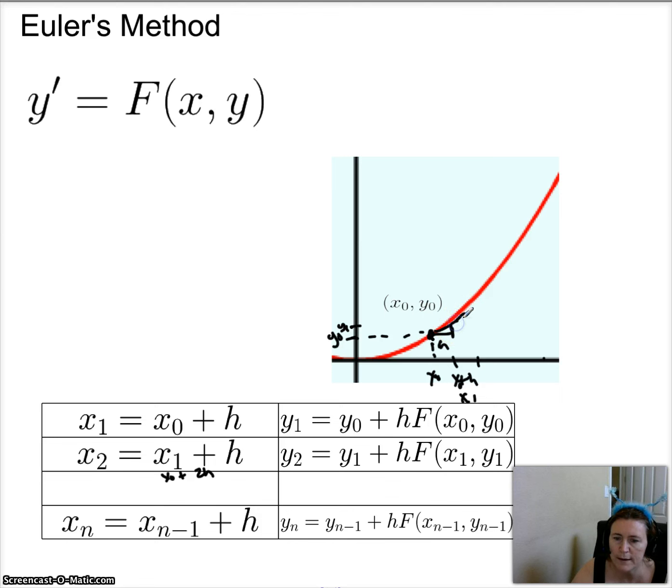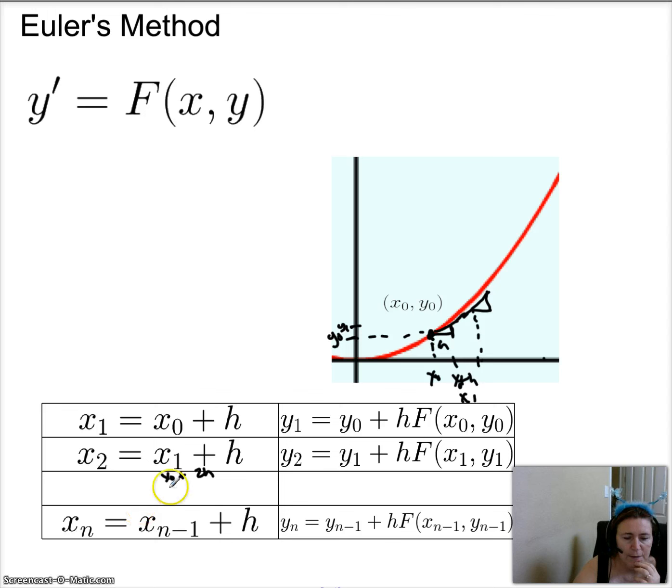So we're going to wind up with this curve at each point that may or may not actually agree with our actual curve at any particular point, except for x naught, y naught.